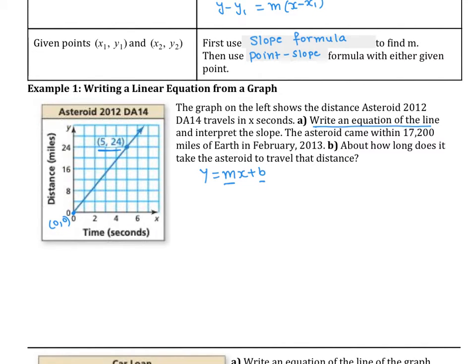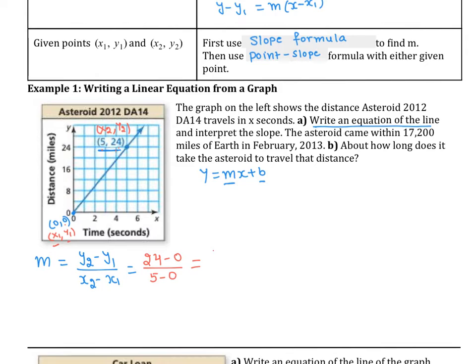To find the slope from 2 points, we have a formula: y2 minus y1 over x2 minus x1. We consider one point as (x1, y1) and the other as (x2, y2). So y2 minus y1 means 24 minus 0, divided by x2 minus x1, which is 5 minus 0.